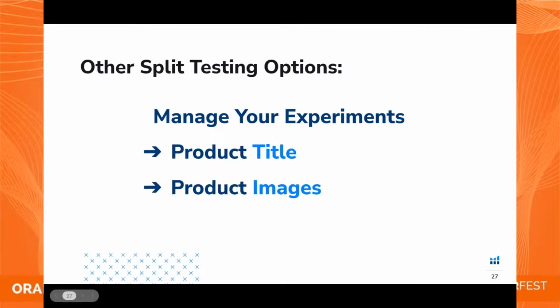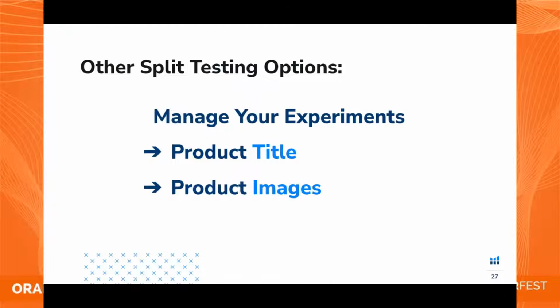Okay, and so the first option was obviously the audience poll, which I talked about earlier. But for those of you who don't have access to the audience tool or Helium 10, there are always other options. There's the Manage Your Experiments tool. For brand registered Amazon sellers who are primarily in the US, you will get access to Manage Your Experiments right in Seller Central, under the Brands tab.